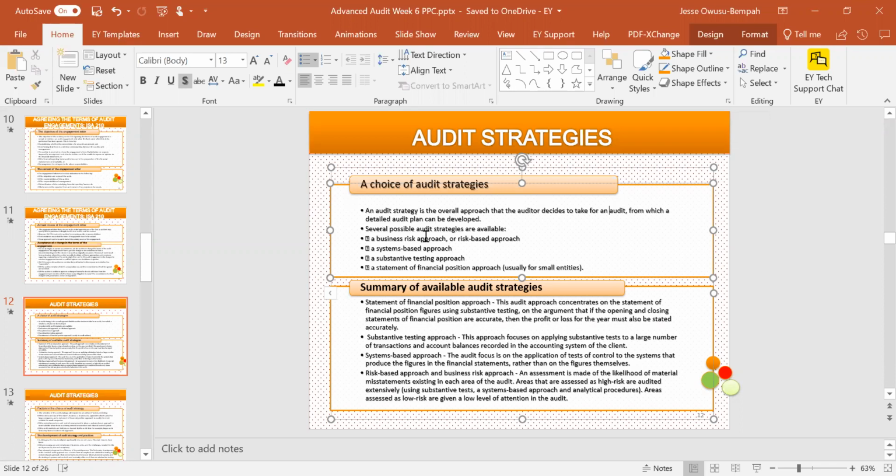The statement of financial position approach. This audit approach concentrates on the statement of financial position, which is the balance sheet figures, using substantive testing. Listen to the rationale behind this. If the opening and closing statements of financial position are accurate, then the profit or loss for the year must also be accurate.